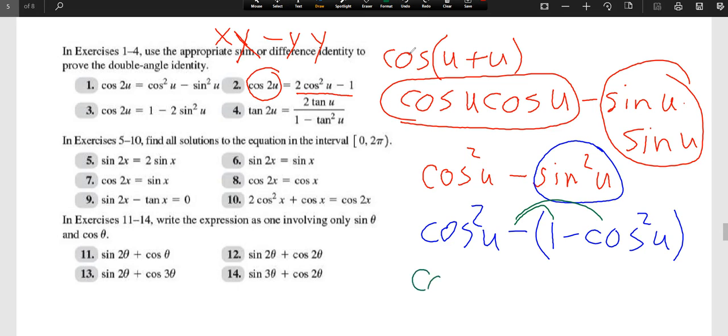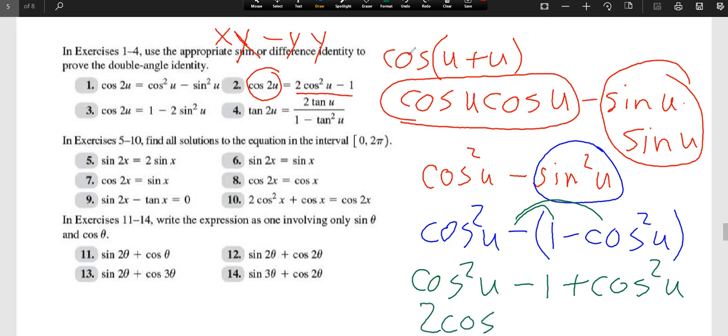So we end up with cosine squared u minus 1 plus cosine squared u. We got 2 cosine squared u's and a minus 1. We did it, folks. We used our sum formula from the last section, and then we used a little Pythagorean identity to prove that.